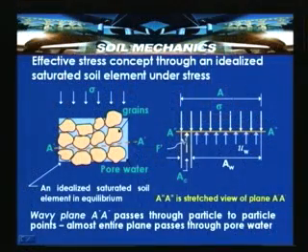If that imaginary plane has area A, and the total stress acts over it, then A double dash is a stretched view of the plane A dash. When the total stress is applied, it is apportioned between the intergranular stresses, which are taken by the grains or solids in the soil mass, plus water.